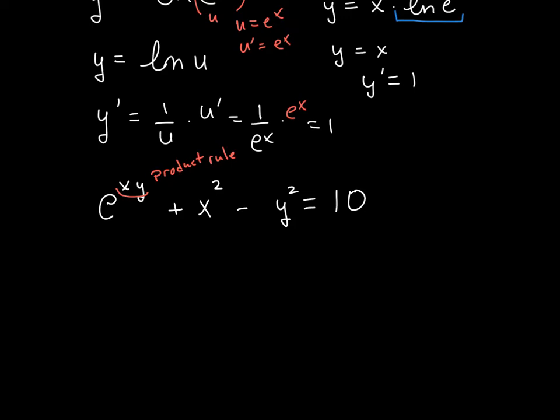If I use the product rule there, I have x, and then the derivative of x, which is just 1. And then I have y, and the derivative of y is 1 times dy dx.